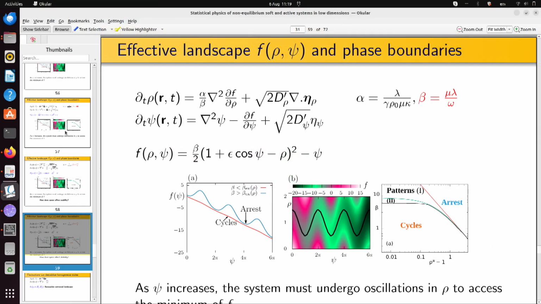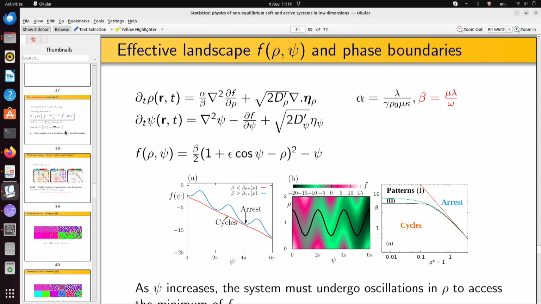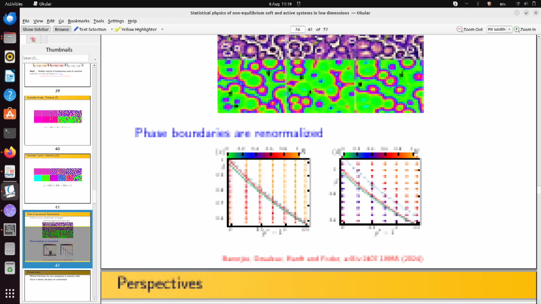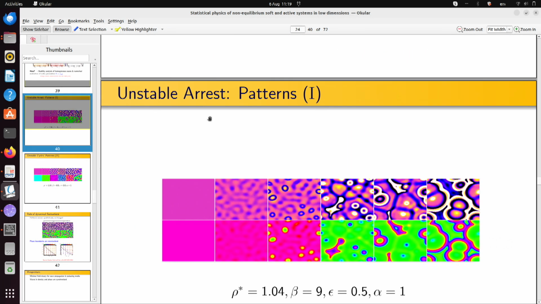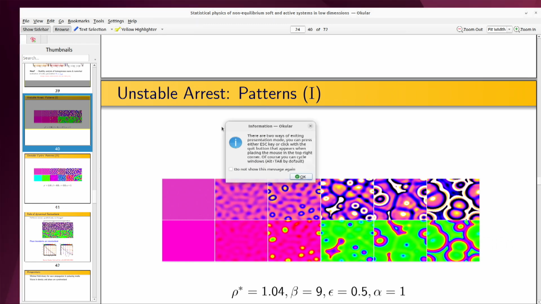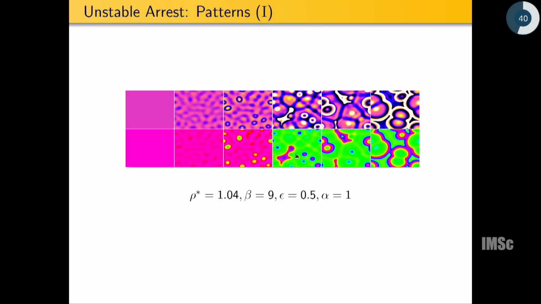Okay, so let me go back. So what are the patterns basically? If I look at an arrested state, I start with a homogeneous density, a homogeneous phase, but not fully homogeneous. I give very small perturbations to a homogeneous state, and I want to see how this physical system emerges.